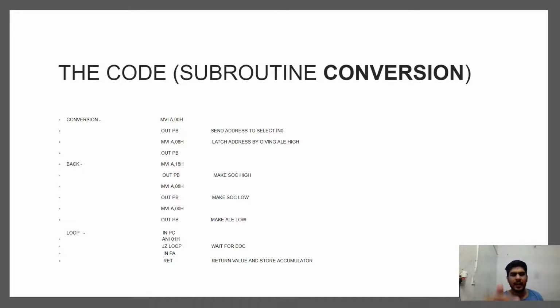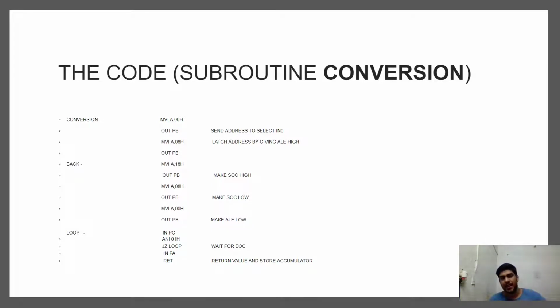As you can see by the markers on the right hand side, first it outputs the address, then it uses a latch, latching the address to give ALE high. By giving ALE high, it then gives the SOC high signal to the ADC, then the SOC low signal to the ADC, then the ALE low signal, and in the meantime it is waiting for the EOC signal.